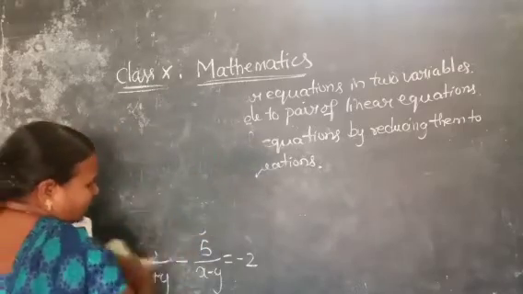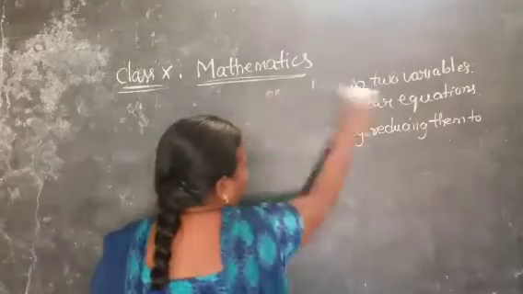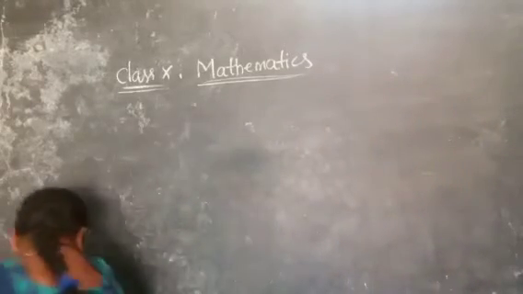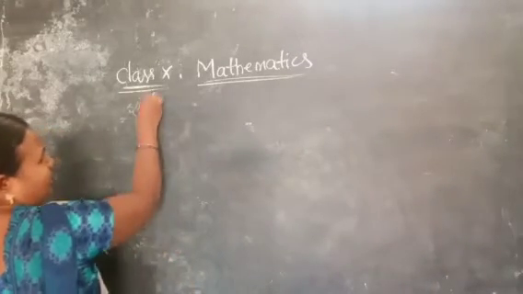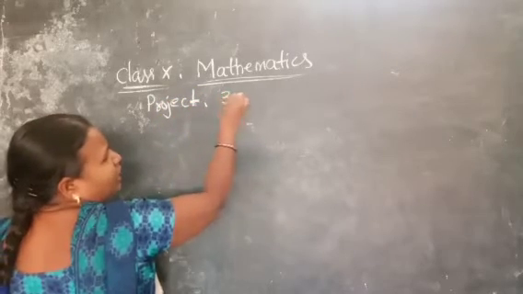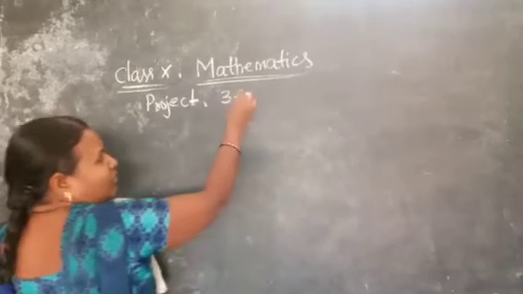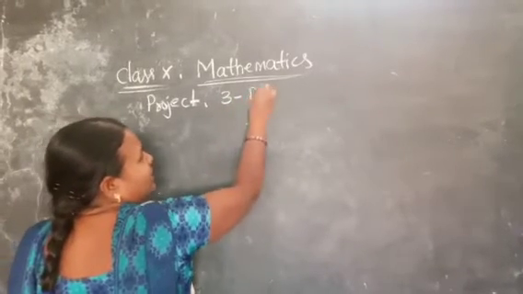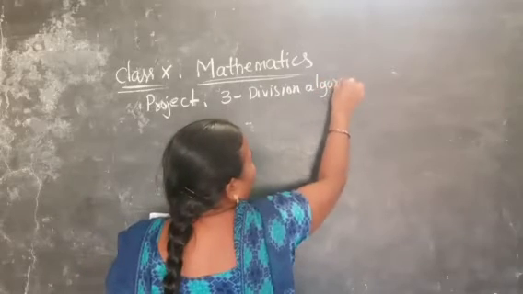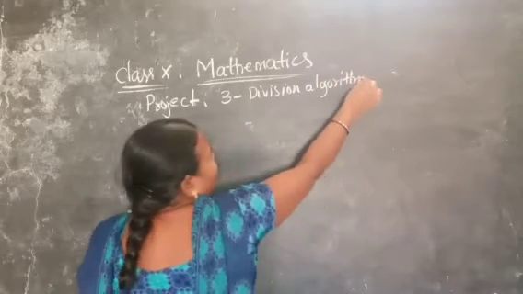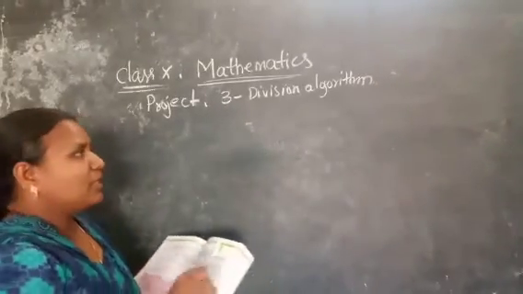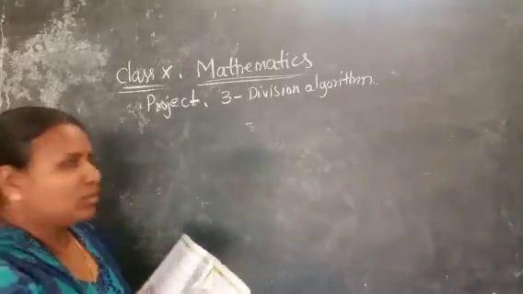For project I am giving two. I have given two questions from the third chapter, division algorithm. From the division algorithm, try to solve the problem. You have to study the examples, then solve this.